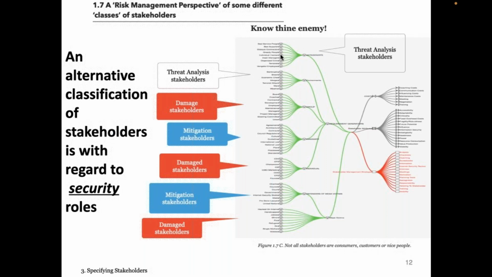They're like the competitor, they're the enemy, and they're out to get you. And some of them will help you mitigate, like a backup facility for damage. And we can analyze the stakeholders in relation to their security roles. And this is a form of configuration management.